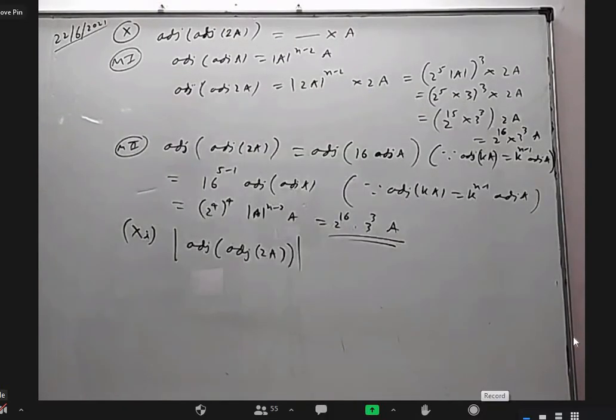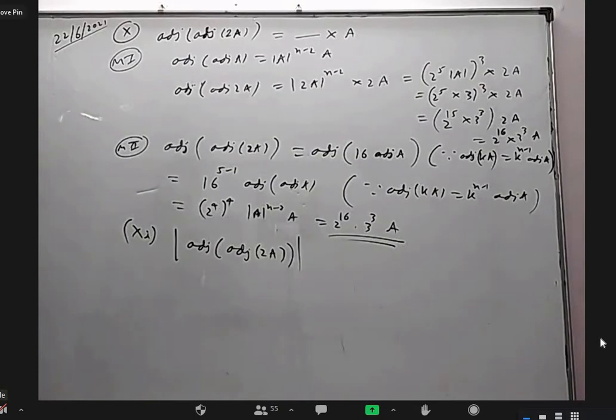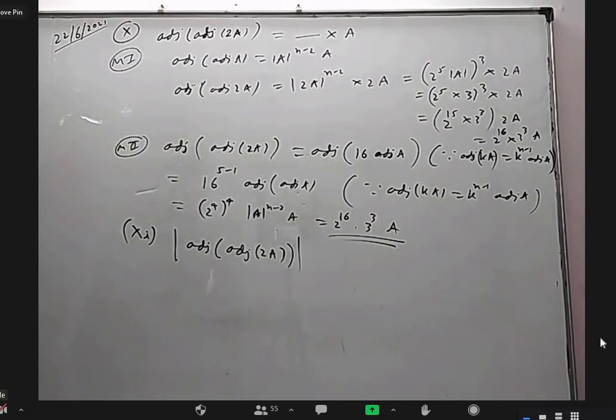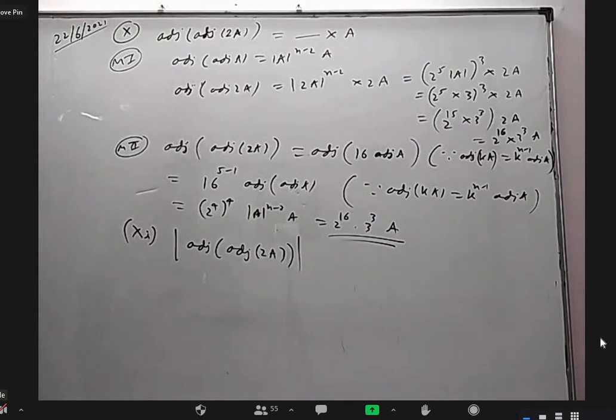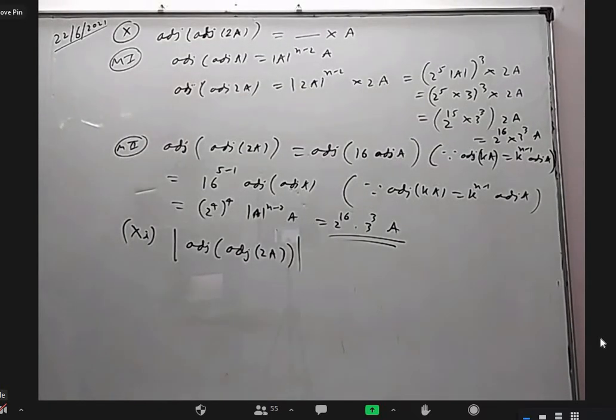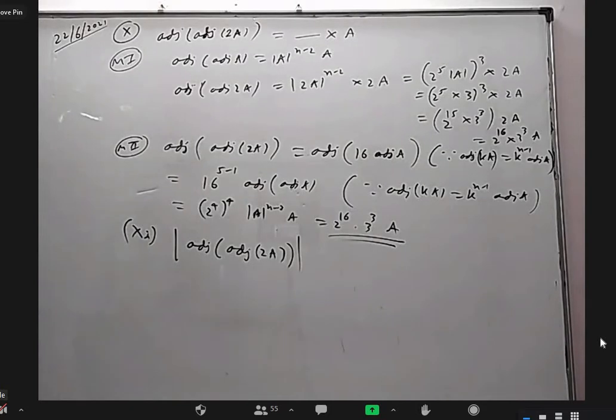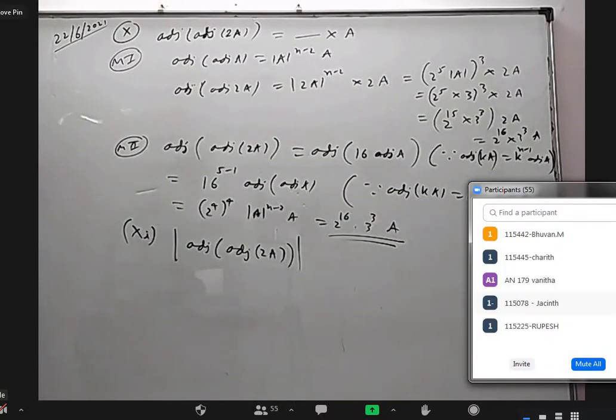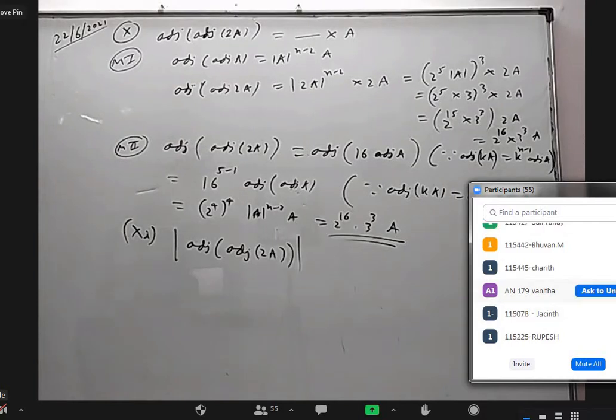Sir, is it 2 power 16 into 3 cube, 4 power 5 into 3? Okay, 2 power 16 into 3 to the power 4 whole power 4. Yes, I think it's correct. Okay. Sir, 2 power 80 into 3 power 16. 3 power 16 you want? Yeah. So 3 power 15 into 3 power 16. Yes, you're right. So 2 power 16. Yes, sir.